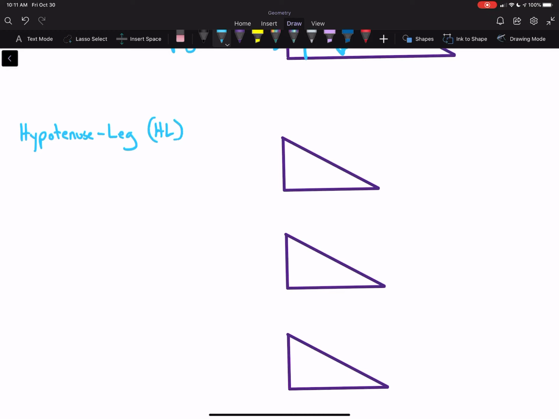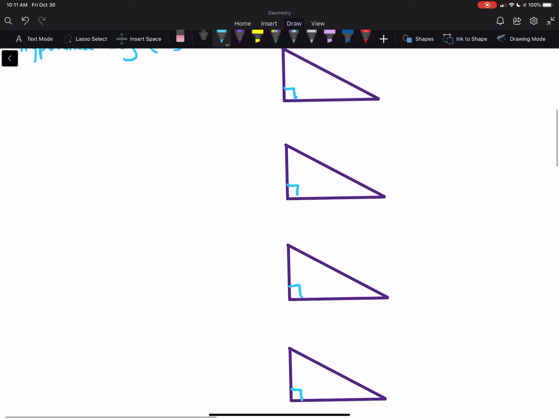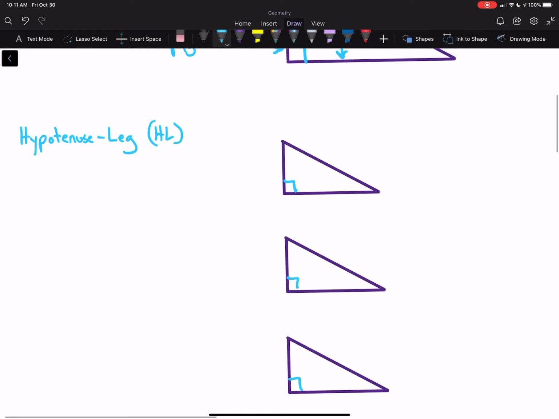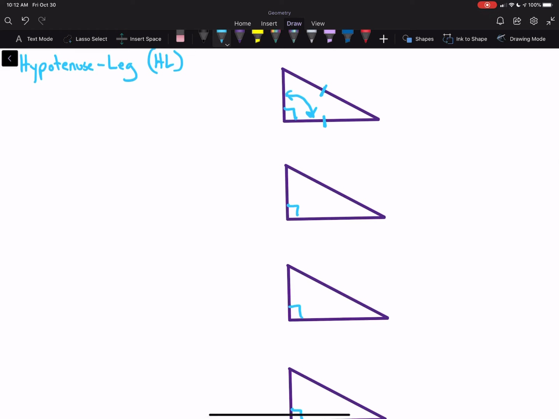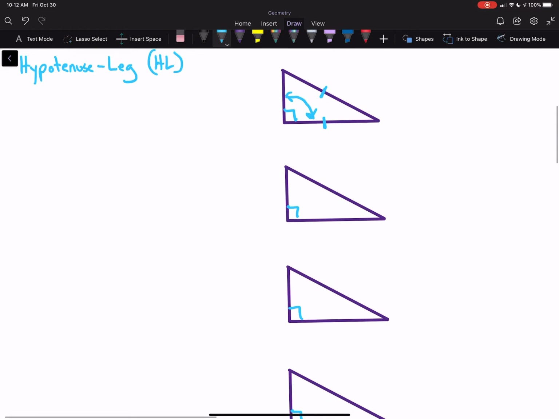And so if we assume that each one of these is a right triangle, and we got one more down here, a hypotenuse and a leg means that the hypotenuse and either of these two legs, so it could be either this one or that one, have to be congruent. So if these two are marked on two separate triangles, then you would have hypotenuse leg. It could be either of those legs, but it has to be marked. And this is going to be for two triangles. We'll see some examples here in a minute.